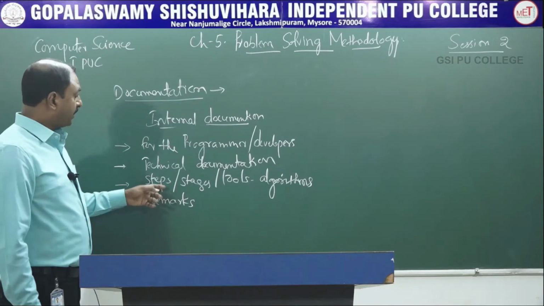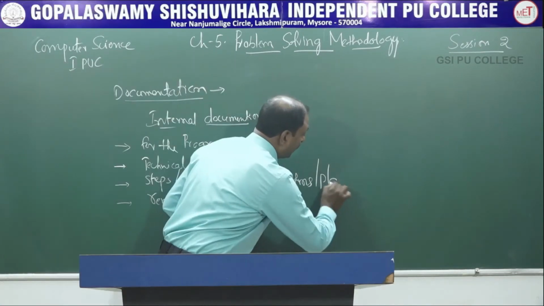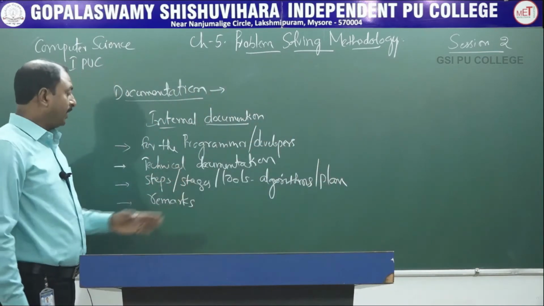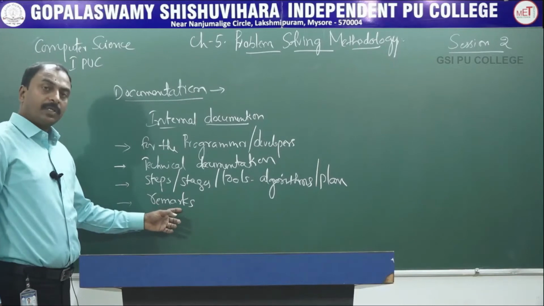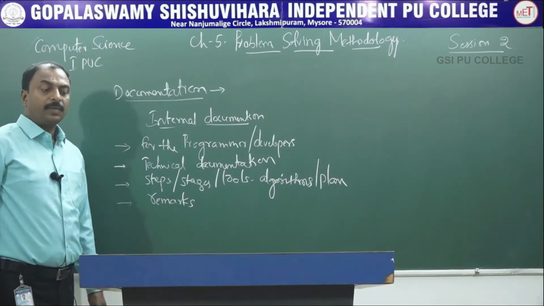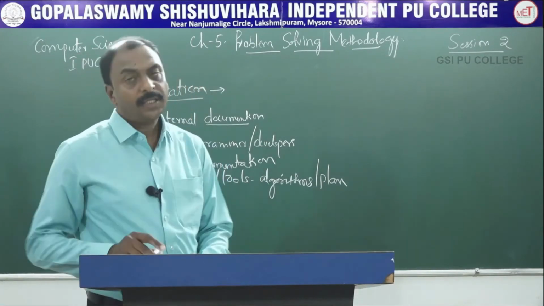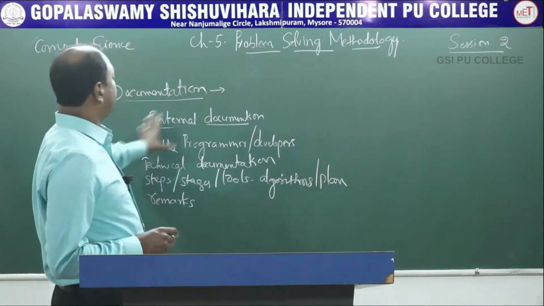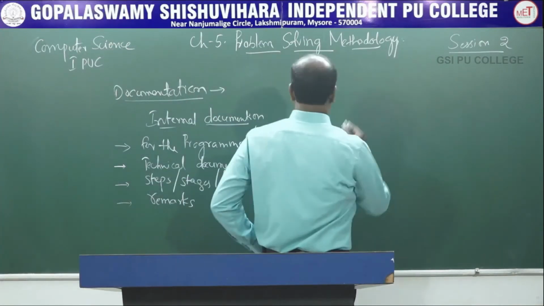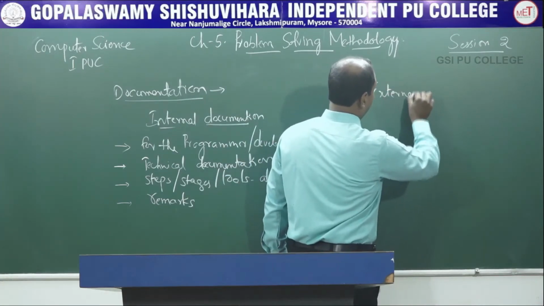He might have written the steps or stages, maybe an algorithm, a plan or design of a solution to a problem, and he might have added his remarks. This is for his future purpose, or he can use the same documentation for some other application. So this is internal documentation. Now let us see what is external documentation.